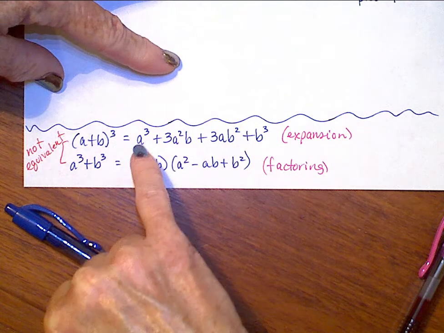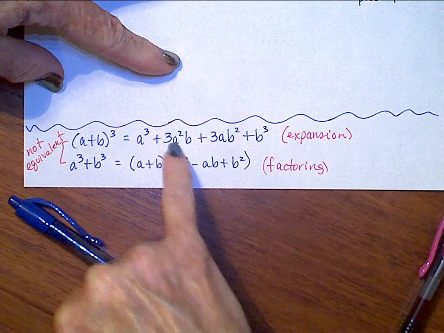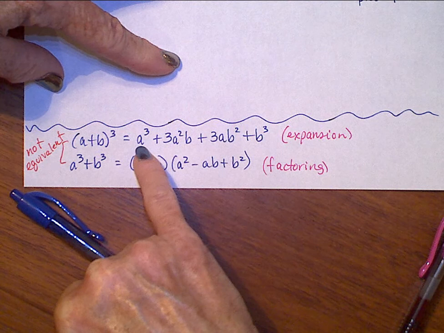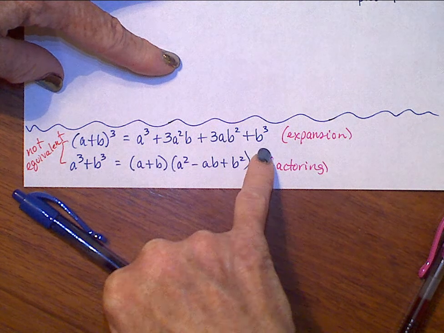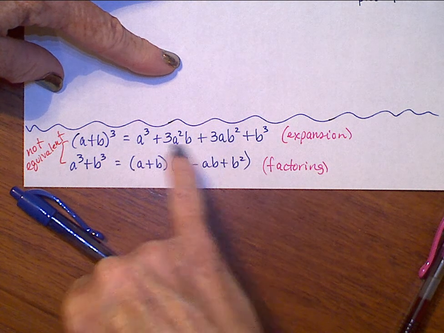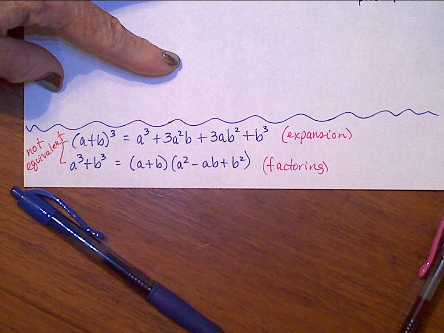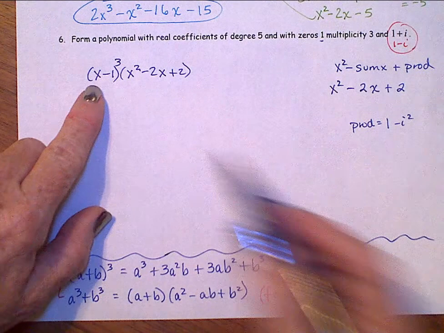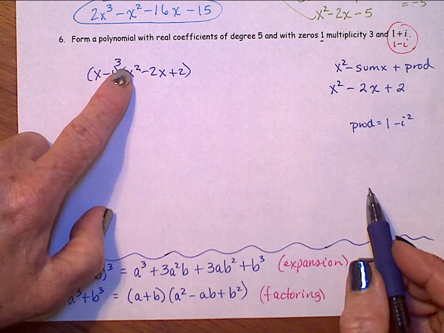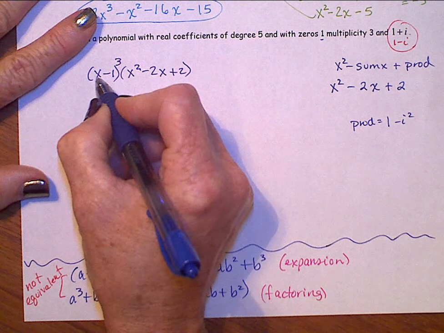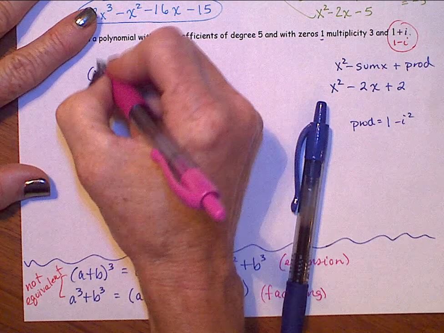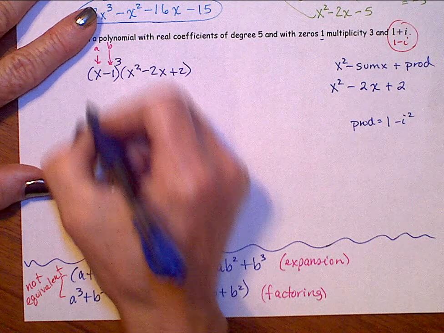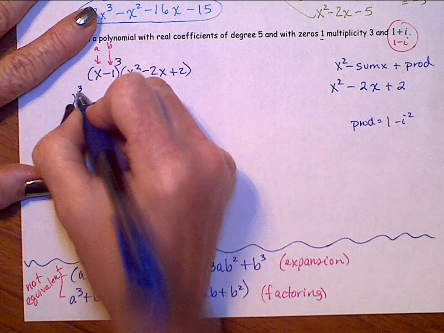Notice the pattern on the a's. A cubed, then an a squared, then an a, then no a's. The b's go the opposite direction. No b's, 1b, 2b, 3b. The coefficients, 1, 3, 3, 1. So we can use that idea up here when we want to take this x minus 1 and cube it. That's got to be the a cubed. So here's the a. There's the b. So there's x cubed.